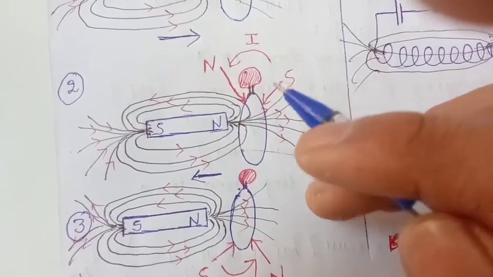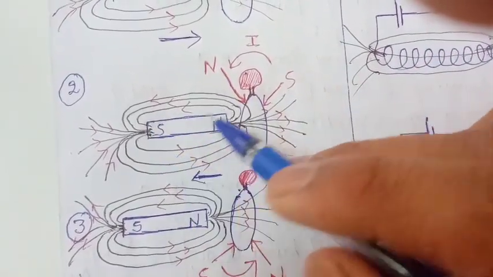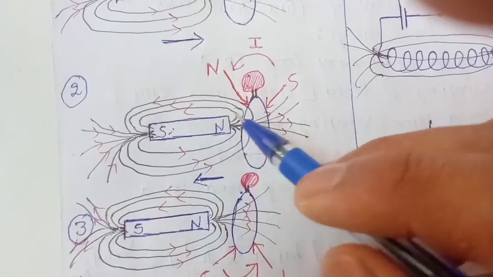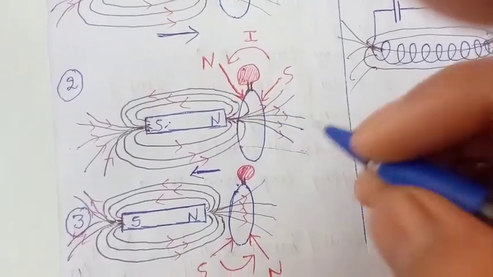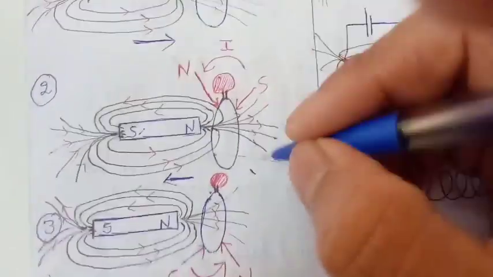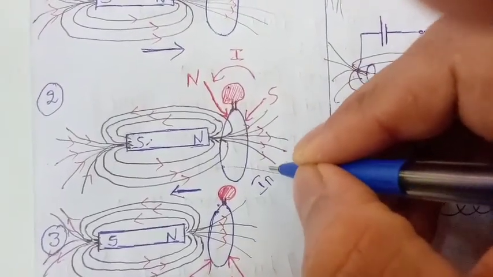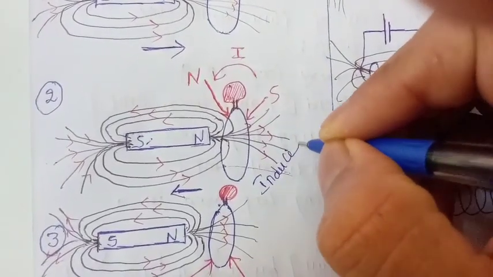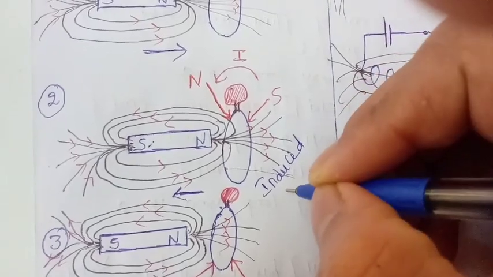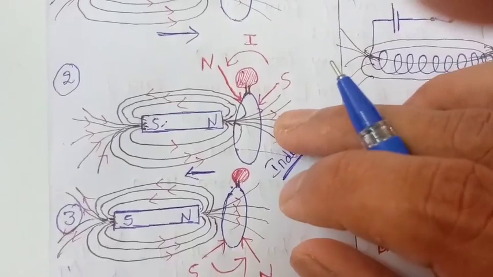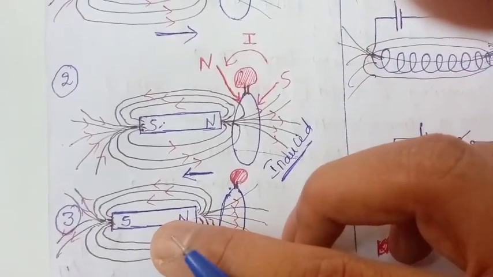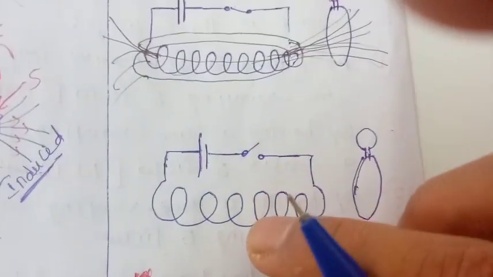This voltage and current are because of the magnetic field of this magnet. That's why this voltage is called induced voltage, and the current is also called induced current.